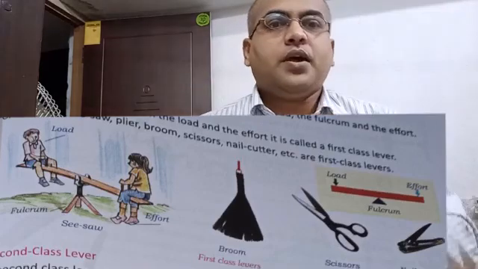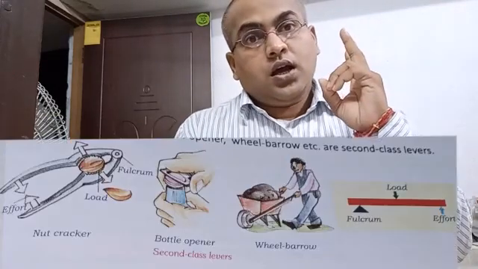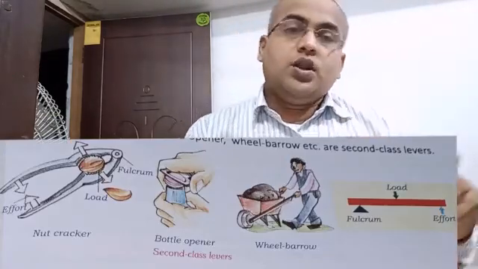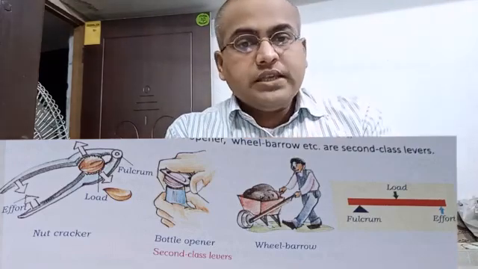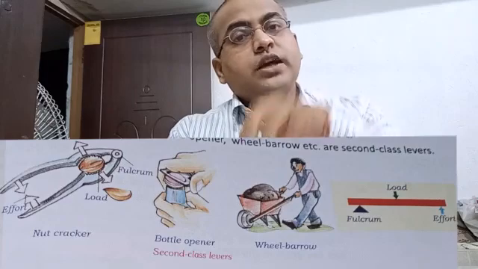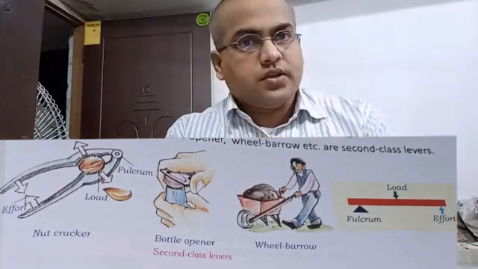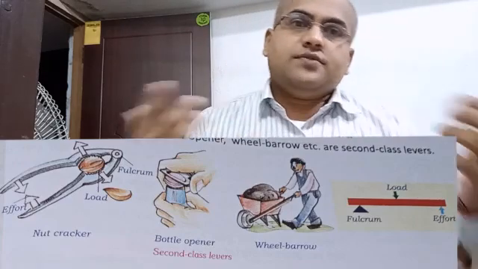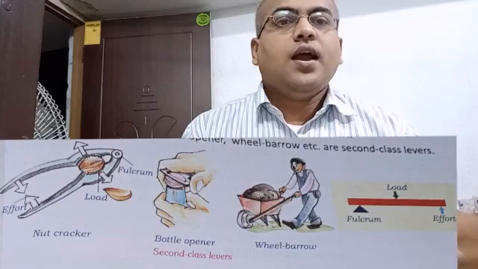Now there are three parts of a lever. Number 1, fulcrum, that is the fixed point. Number 2 is load. Load means the weight on which we are applying the force, or the place or the point where we are doing the work. And then comes the force or the effort, the push or pull we are applying, that is called the effort.